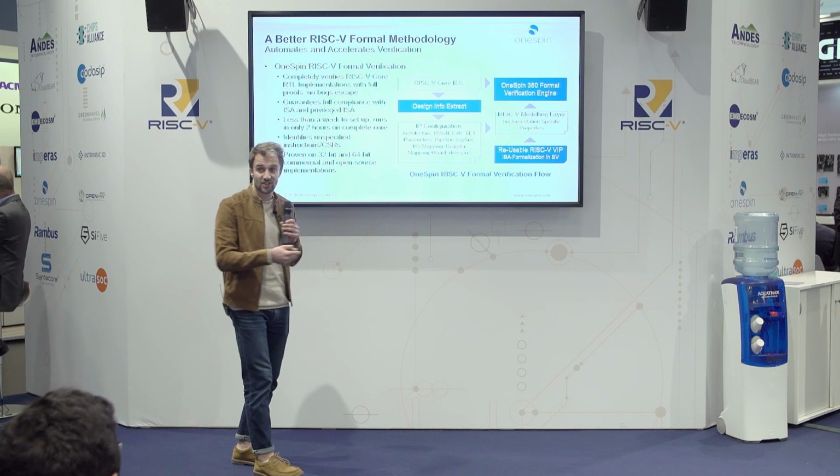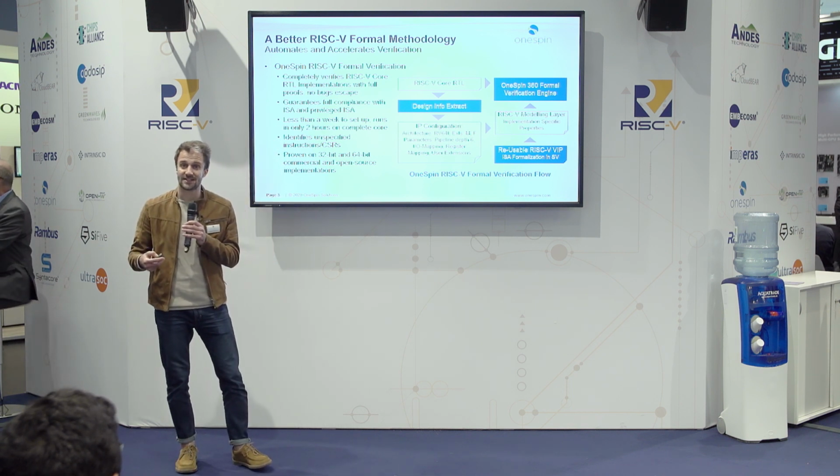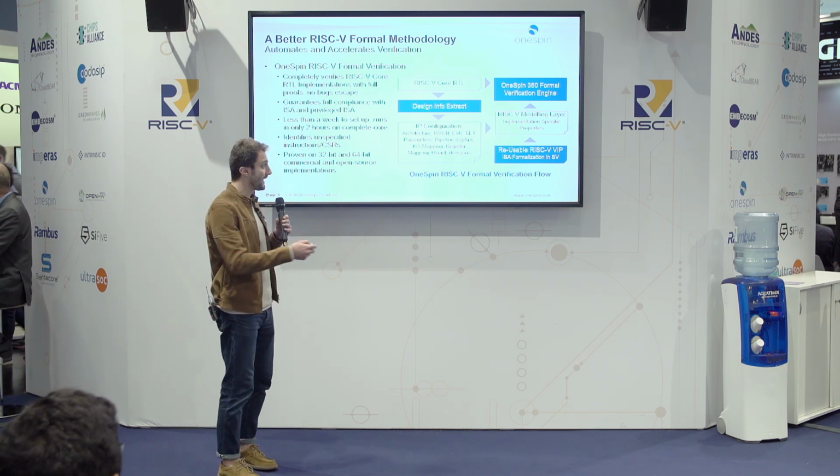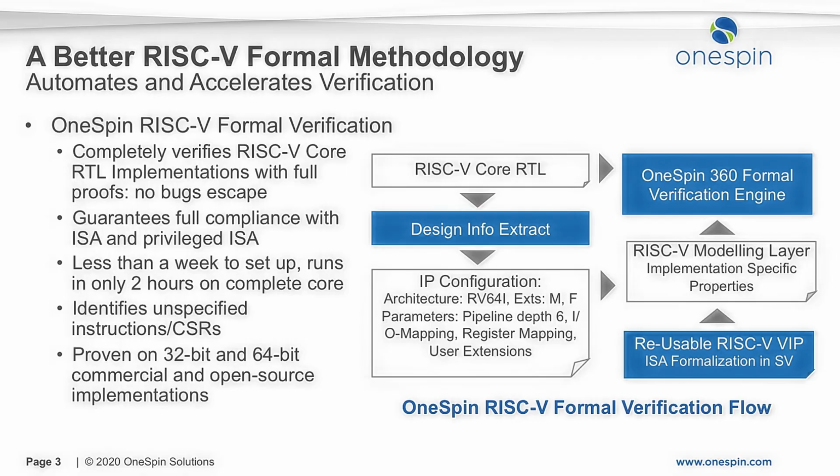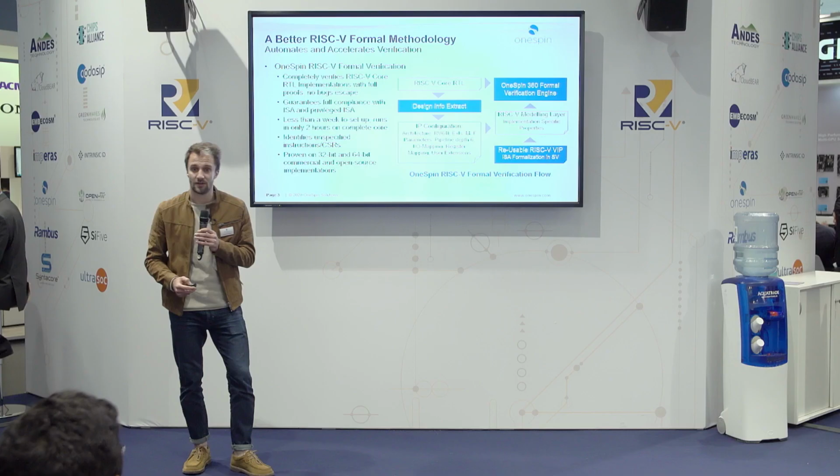We do some configuration, setting the I/O interface and figuring out the pipeline depth. After this configuration, and based on our internal formalization of the instruction set architecture itself, which is developed in SystemVerilog, we generate a formal model that is later compared to the RTL implementation and checked using OneSpin 360 formal verification engines.